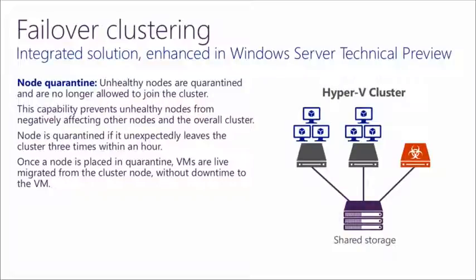That's a key difference versus the disruptive failure we talked about before. They're live migrated from the cluster node without downtime. So node quarantine is a very useful feature in case we're having transient issues that cause the cluster node to leave cluster membership, 3 times in an hour, and we'll live migrate those virtual machines away.